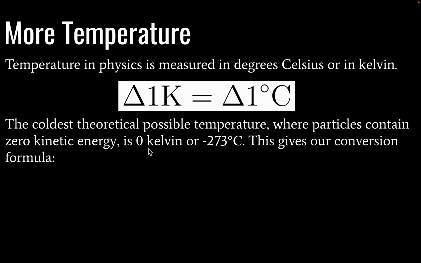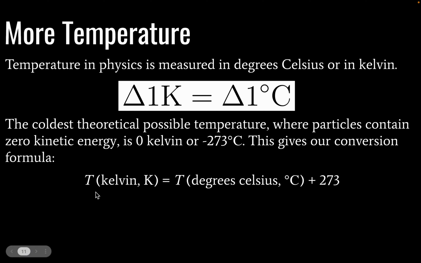So 0 Kelvin, or what we call absolute zero, is negative 273 degrees Celsius. So this tells us our conversion formula, and here it is. So temperature in Kelvin is equal to temperature in degrees Celsius plus 273.